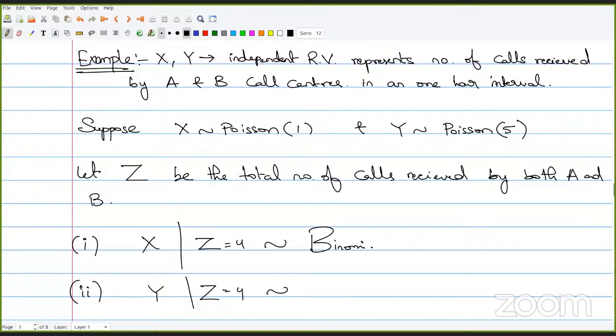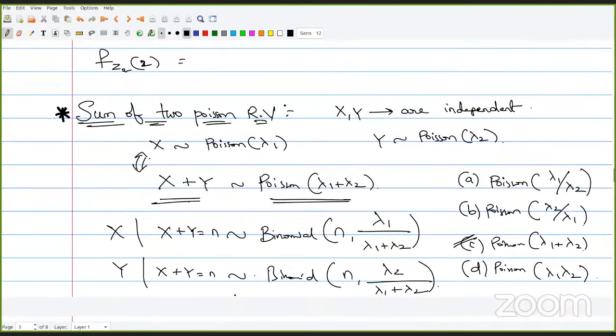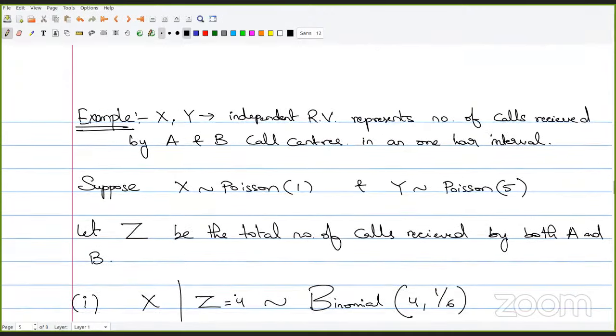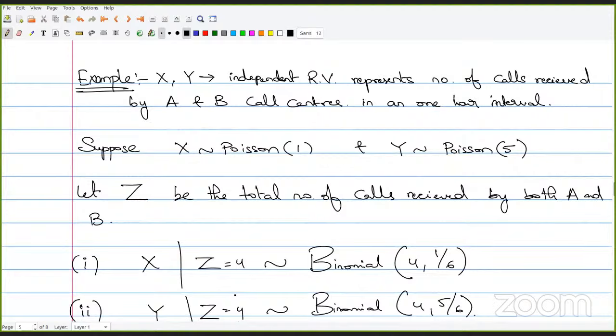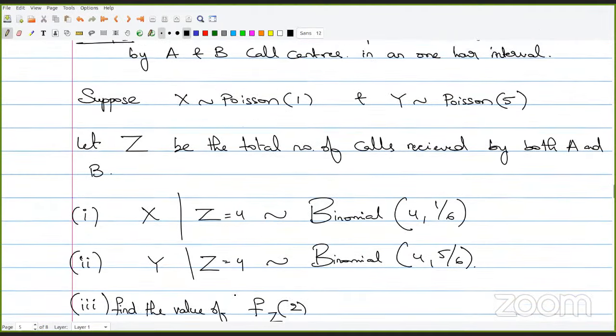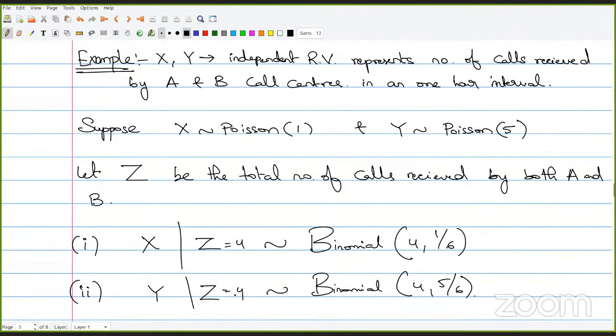And for Y, binomial 4 comma 5 by 6. Everyone agree? It's just lambda 1, lambda 2. Just now we talked about lambda 1 and lambda 2. I just replaced them with some discrete values, 1 and 5.